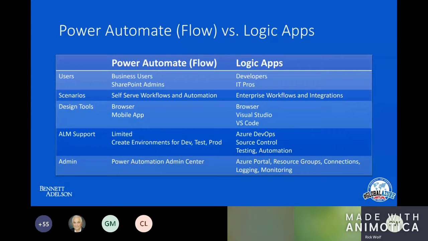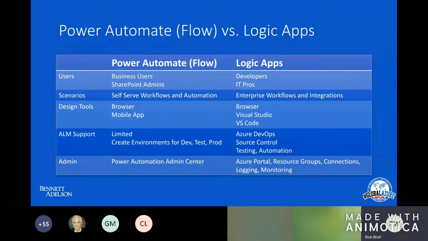As far as application lifecycle management support, for Power Automate, the story is really pretty limited. You have the ability to export and import flows across environments. You can create environments for dev, test, and prod, et cetera, but the process to move those flows from one to the other is a manual export and re-import process.